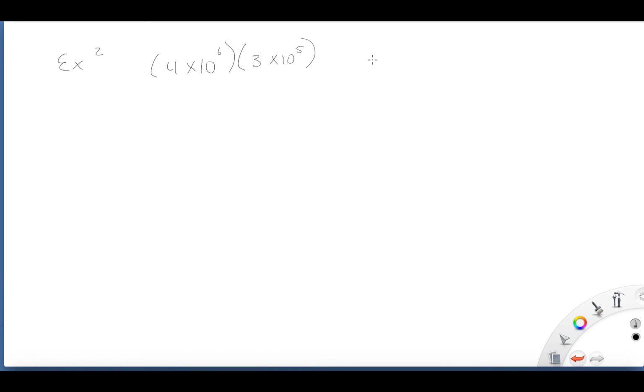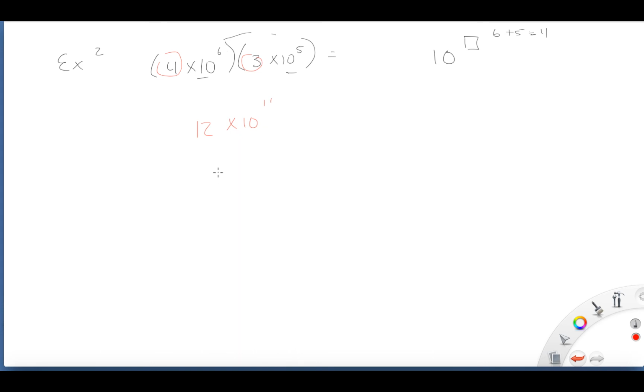Again, because its base is 10, I already know I'm going to have 10 to some power, and it looks like I've got 6 plus 5 equals 11, so I'm just going to keep that in mind for just a second. Now I go back and do my multiplication of this 4 and this 3, which is 12. 12 times 10 to the, and if I add these two, it's the 11th power.